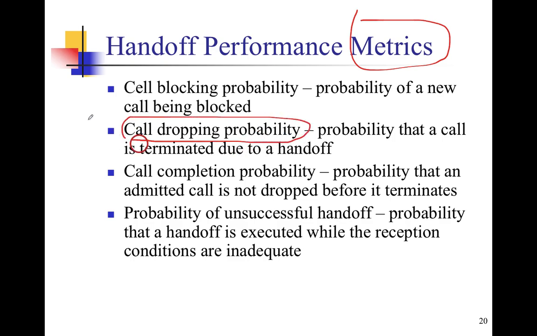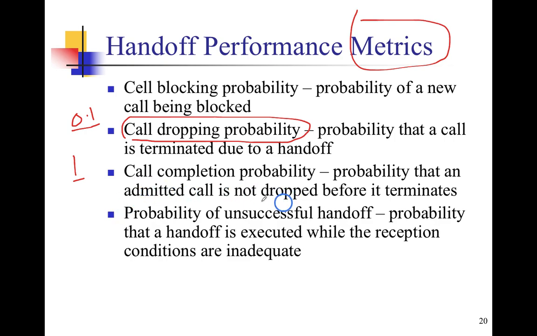If they say it is 0.1, it means the probability that a call is terminated due to handoff is very low. But if they say 1, that is not good, because all the calls will be dropped upon the handoff process.